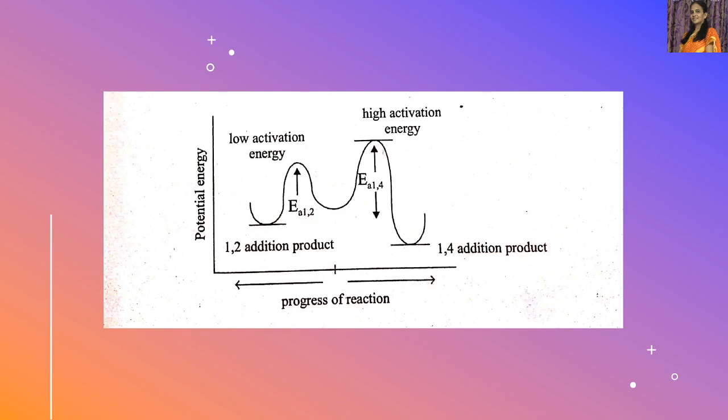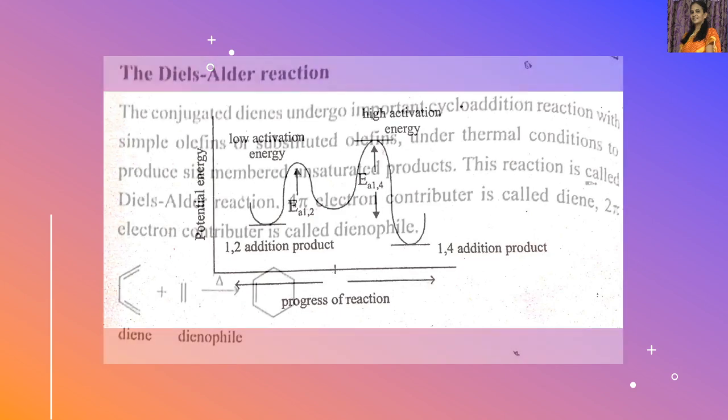For 1,4 addition, activation energy is more, and here the 1,4 addition product is obtained. So low activation energy for the 1,2 addition product and high activation energy for the 1,4 addition product. So this is the reaction energy diagram for addition of HBr to 1,3-butadiene.